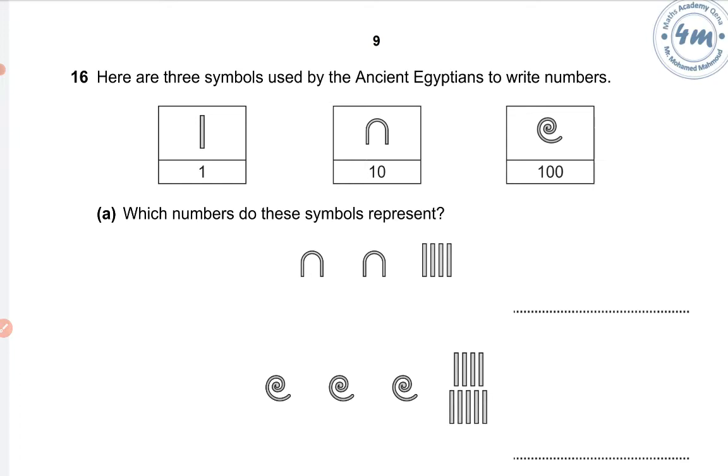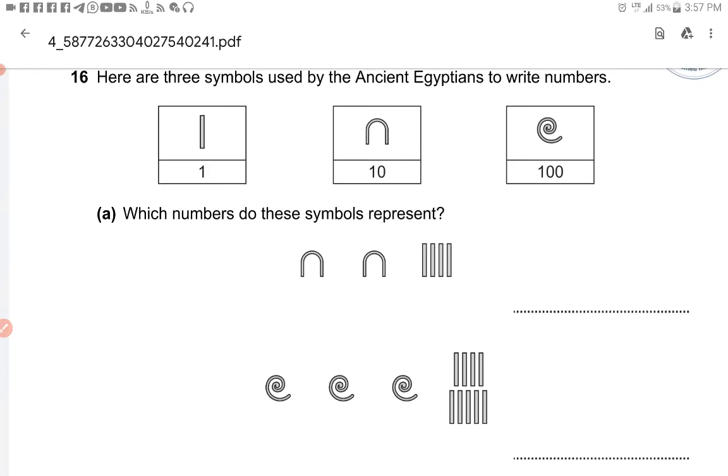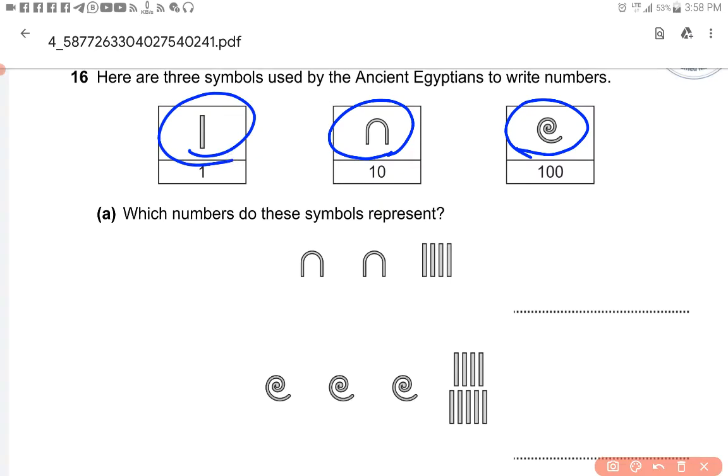Here are 3 symbols used by the ancient Egyptians to write numbers. This sign means 1, this sign means 10, and this sign means 100. Write the numbers these symbols represent.